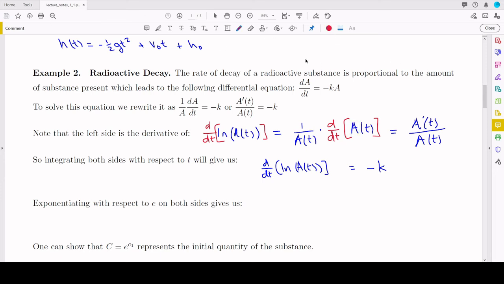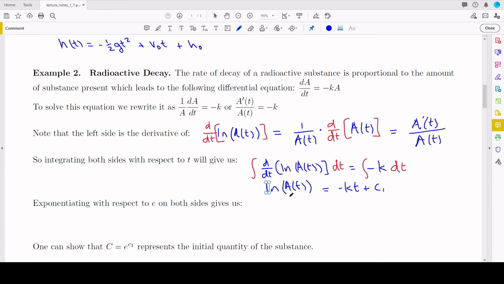And now we're going to integrate both sides with respect to t. And when you do that, the integration cancels out the derivative here. So when those two cancel out, we're left with ln of A of t equals negative k times t plus a constant of integration.